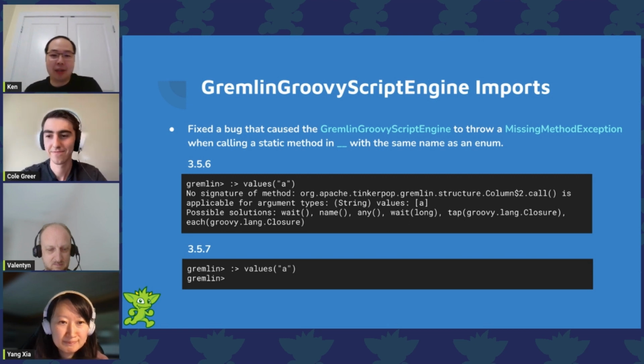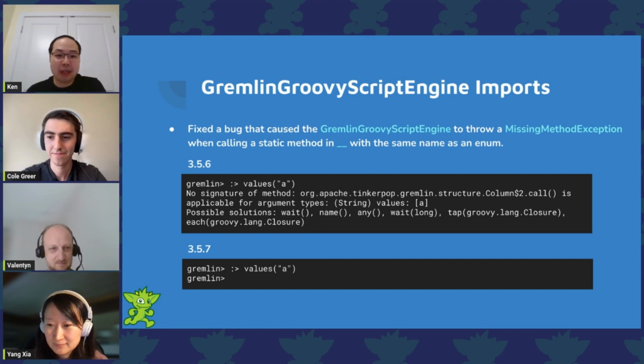It made it so that imports from the __ anonymous traversal class, and so any static methods imported from there, if they had a name clash with something from an enum, then you wouldn't be able to access the one from the anonymous traversal. So if we take a look at the example from 3.5.6, if you try to do something like that values(a) there, you just get an exception because you wouldn't be able to find the proper method.